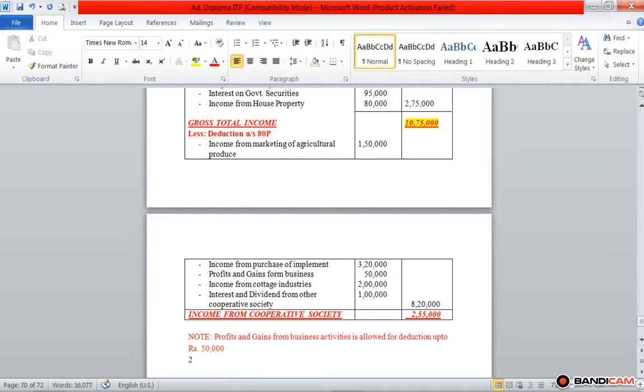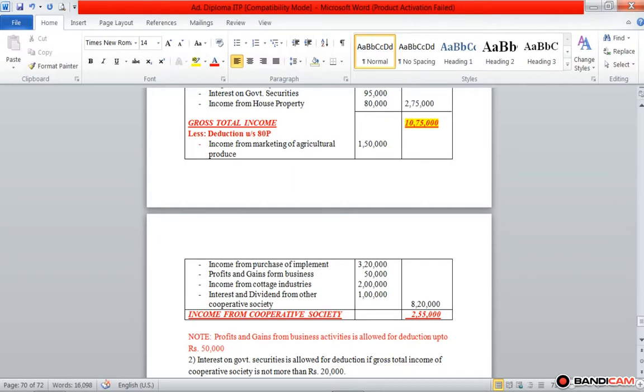Now the second note is interest on government securities. Interest on government security is allowed for deduction if gross total income of cooperative society is not more than rupees 20,000.